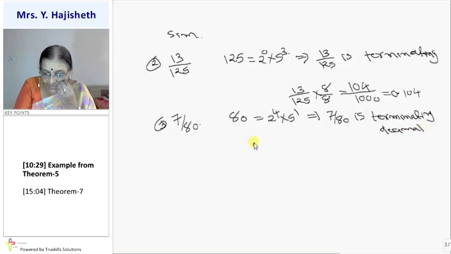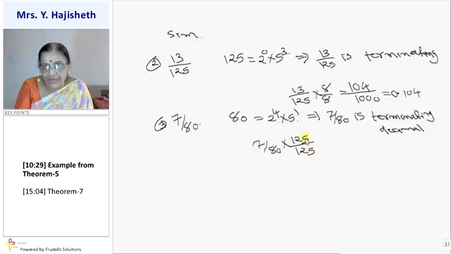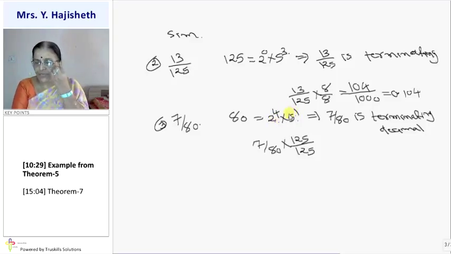In order to get it as a terminating decimal, here it is 2 raised to 4 into 5 raised to 1. So in order to make it as 10 raised to 4, I should multiply both n and d by 5 cube. So 5 cube matlab 125, okay? How do I get the idea? You get it? 2 raised to 4 into 5 raised to 1. So in order to make 10 raised to 4, I should multiply with 5 cube.